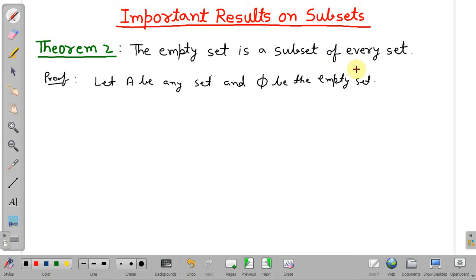Okay, so then we can prove, as we know, phi is our empty set and it has no elements. We denote it like this, empty set. It has no elements. As we know that phi, or the empty set, contains no element.